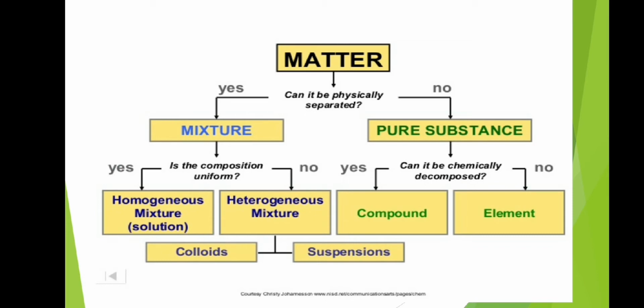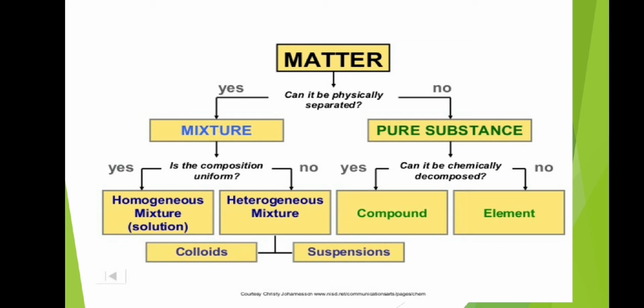So how can we classify its composition? Of course, the divisions of mixtures are homogeneous mixtures, which is particularly in solutions, and heterogeneous mixtures, which is particularly in colloids and suspensions. Later on, we will discuss it further.